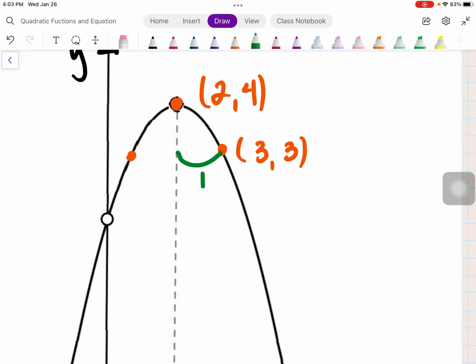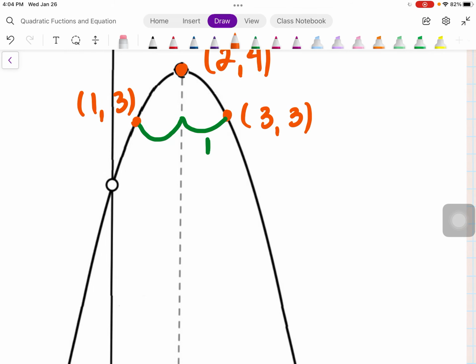And in this case, guys, that's actually 1. Now, question for you guys: what number comes before 2 that is also 1 space away from 2? So a number that comes before 2 that is 1 space away from 2 is going to be 1. So then this point here is actually going to be (1, 3). That point there is going to be (1, 3).